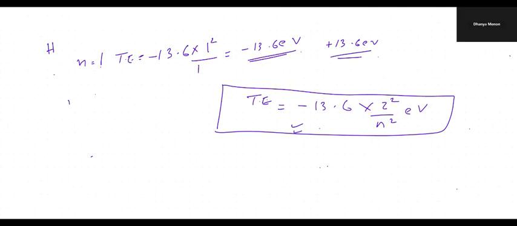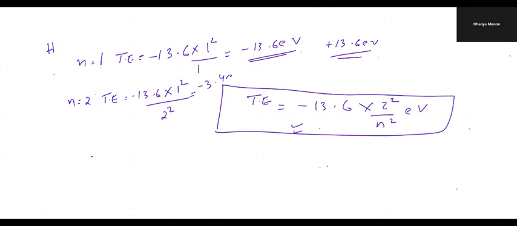Similarly, you can calculate for n equal to 2. Total energy is equal to what? Minus 13.6 times Z square, which is 1, and this is 2 square, which comes to minus 3.4 eV.